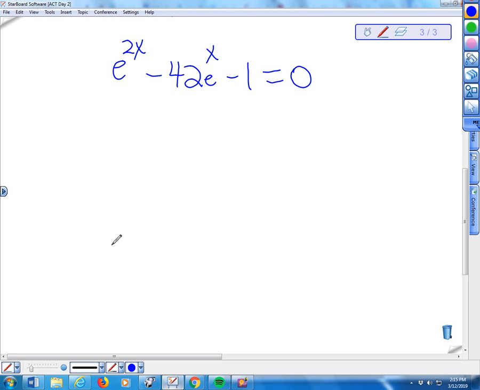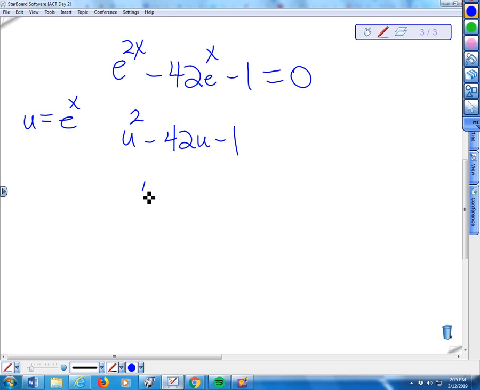I'm going to let u equal e to the x. So u squared is e to the 2x. Now it's a quadratic. Okay, I can't factor it. I'm going to use the quadratic formula.